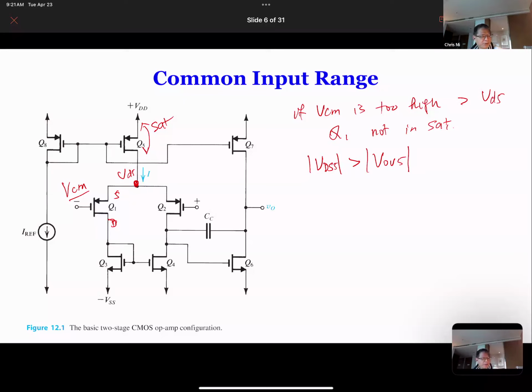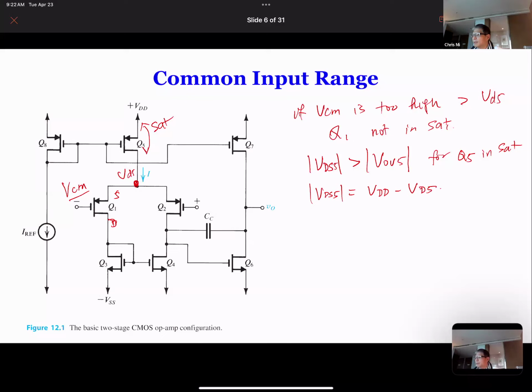And in order to have Q5 in saturation, now we know that VDS5 is equal to VDD minus VD5.